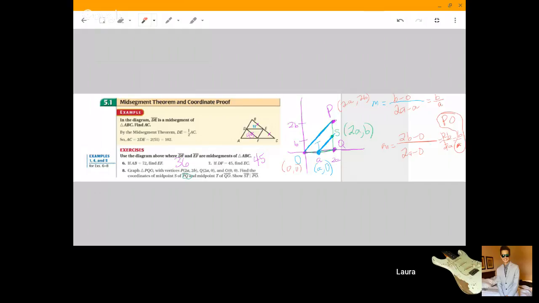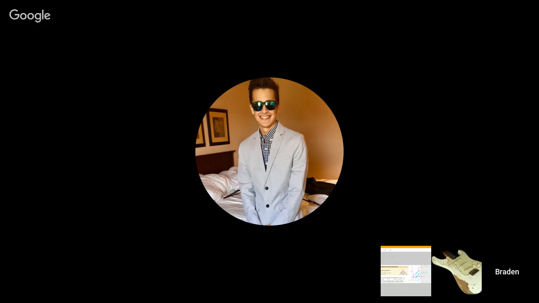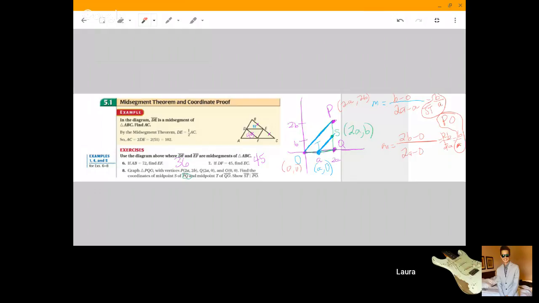So that's the slope of ST. So ST is B over A. PO is B over A. So what do you know about those two lines?